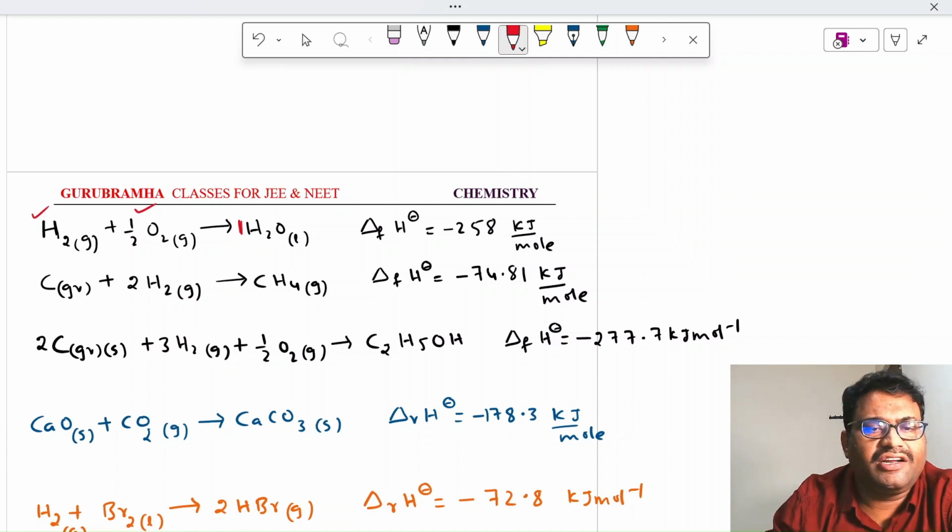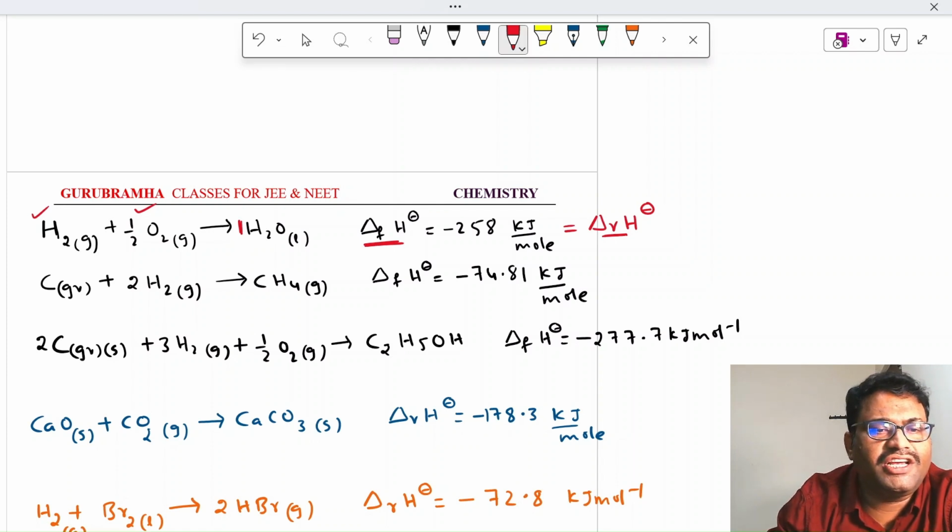Now, as this equation satisfies the definition, this is actually a reaction, and this is the enthalpy of reaction. This enthalpy of reaction is called the enthalpy of formation. Why are we calling it enthalpy of formation?